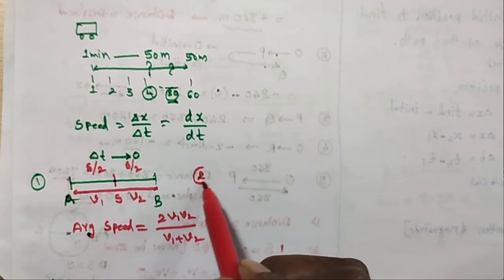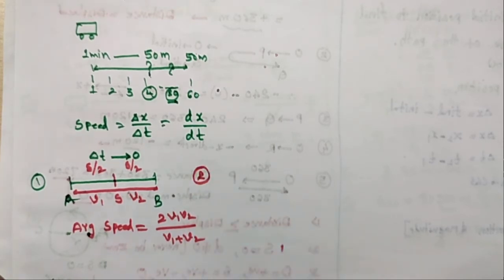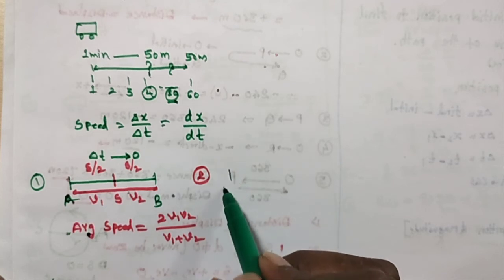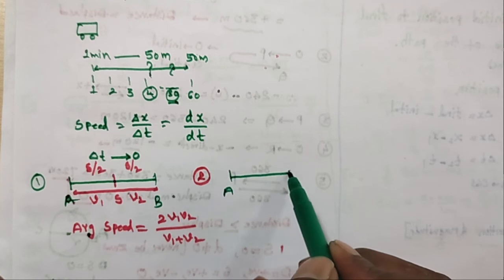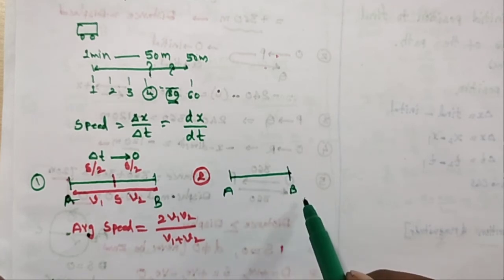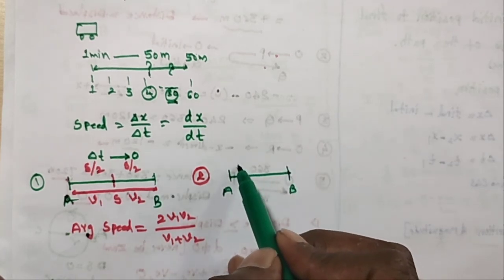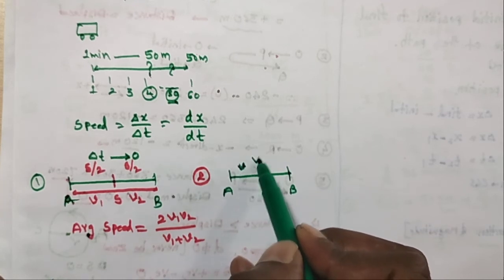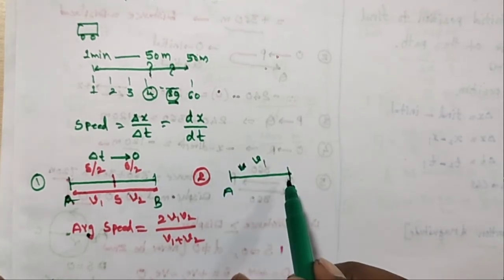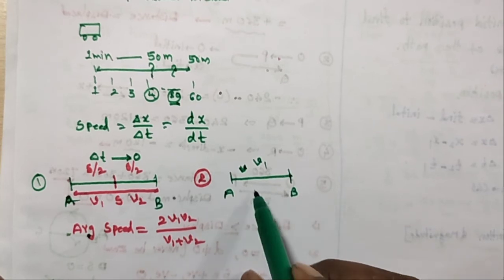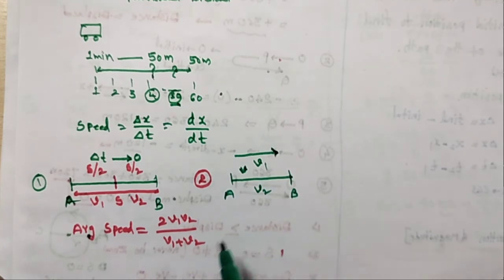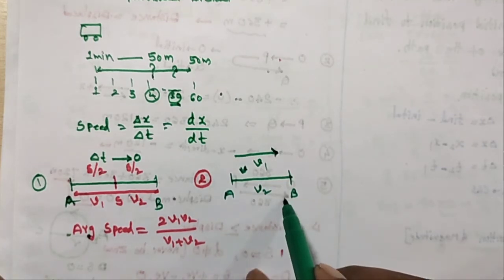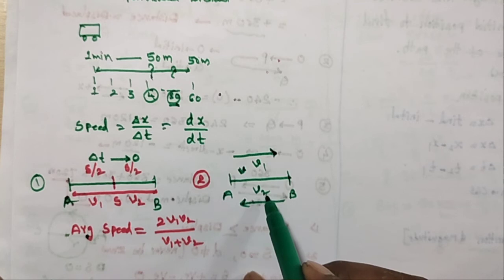And here I am taking the second one. So what is the second? Same, this is position A and this is position B, the initial and final positions. With the speed V1 it goes from A to B, and comes back along the same path with V2. So A to B is moving with V1, and the comeback B to A is with velocity V2, on the same path.